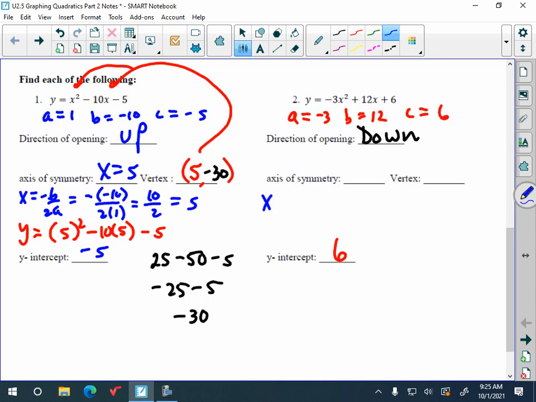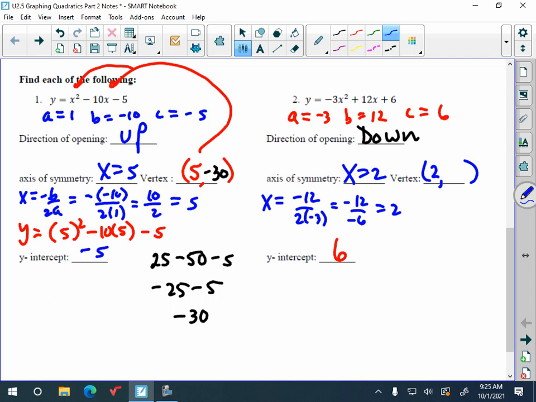All right, x equals -12 over 2 times -3. -12 over -6 is +2. x equals 2. Plug 2 in for x in the vertex.